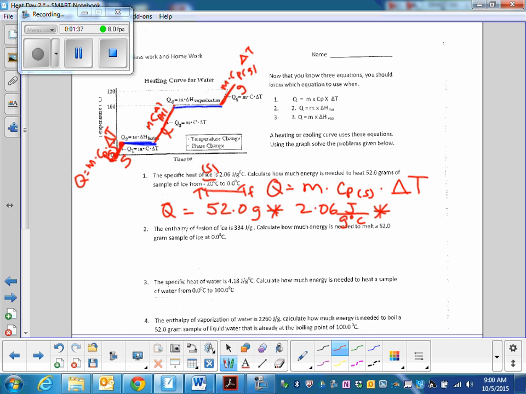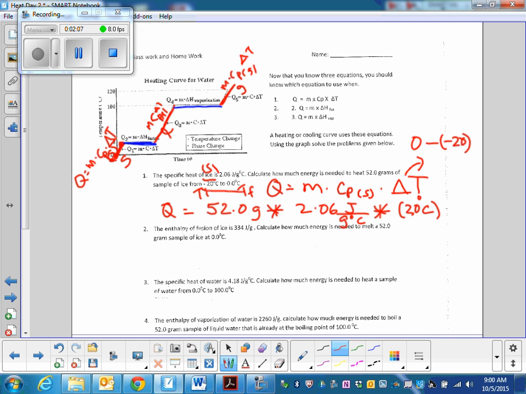Change in temperature is always T final minus T initial. So it should be 0 minus minus 20. What is minus of minus 20? Plus 20. Have you learned this in a math class? So what is my change in temperature? 20 degrees Celsius. Is everybody good?